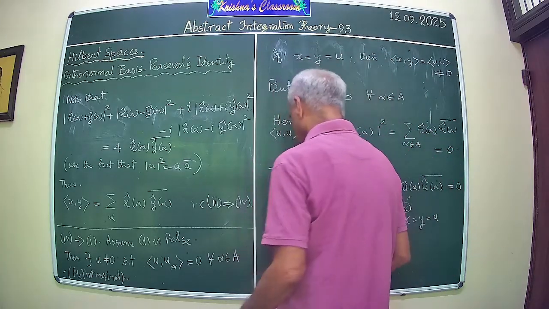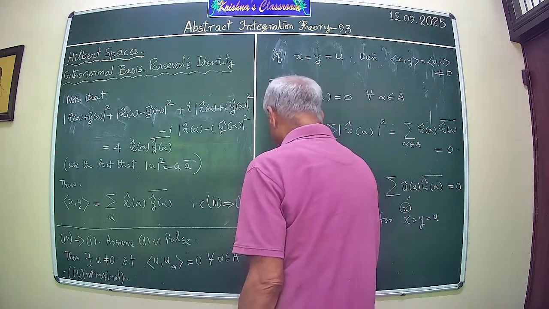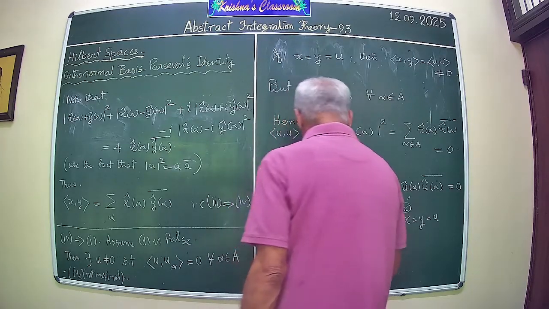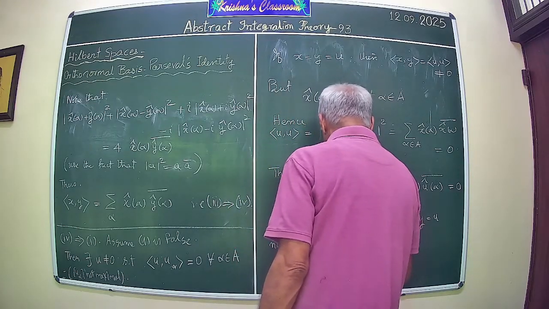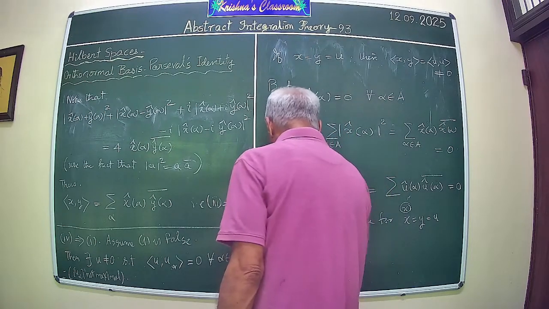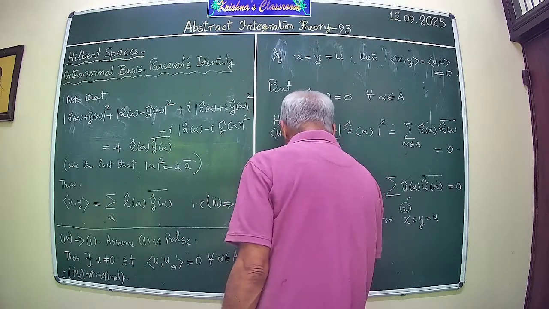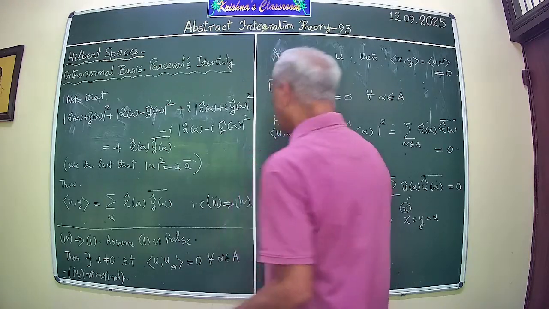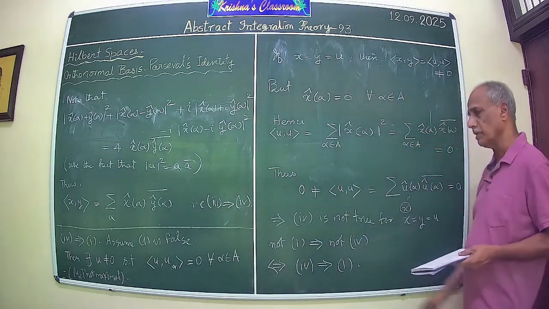So not 1 implies not 4, that is if and only if. So that completes the proof.